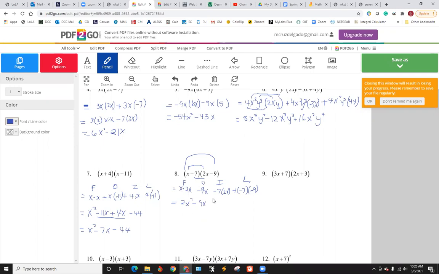So x times 2x squared to the negative 9x is already pretty much done.